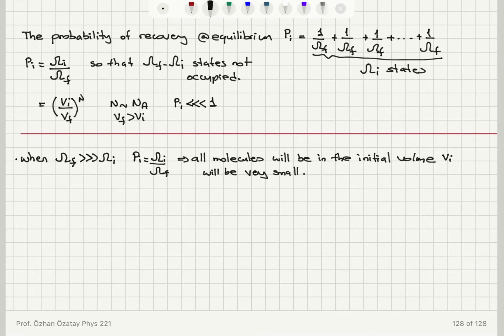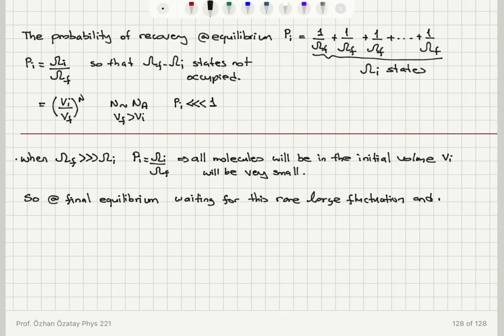Okay. So at final equilibrium, we have to wait for a large fluctuation, waiting for this rare large fluctuation because its probability is very, very low, and reimposing the constraint, that is reinstalling the partition.